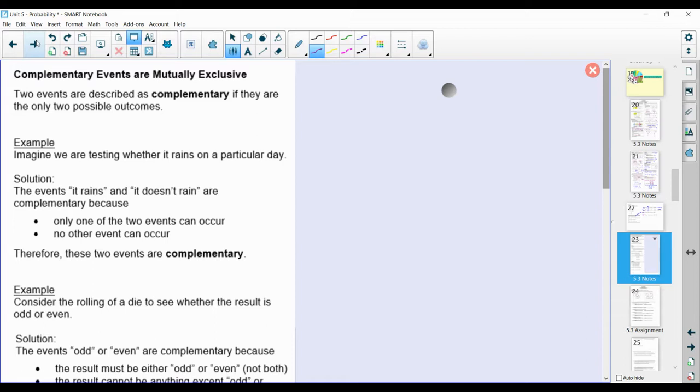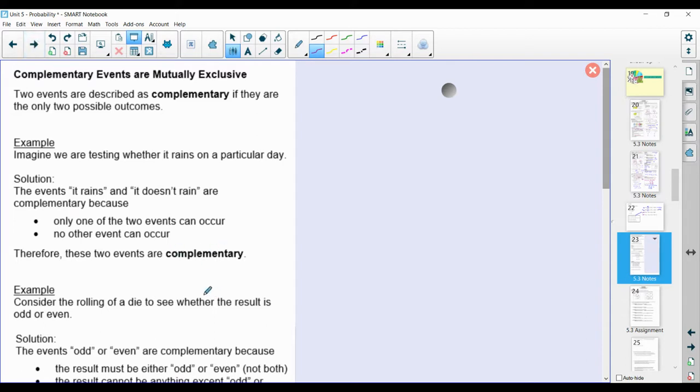If we're doing some testing and it rains on a particular day, well, the solution is either it rains or it doesn't rain. Those are our only 2 outcomes. And so either one event happens or the other event happens, but not both. And there's no other possible outcomes.